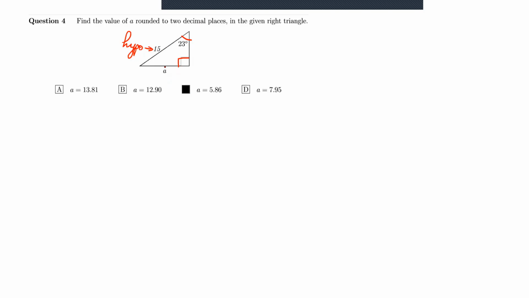And the question is to find the length of this side. So here, how to find the length given an angle? With respect to the angle 23 degrees, A is the opposite side to this angle.